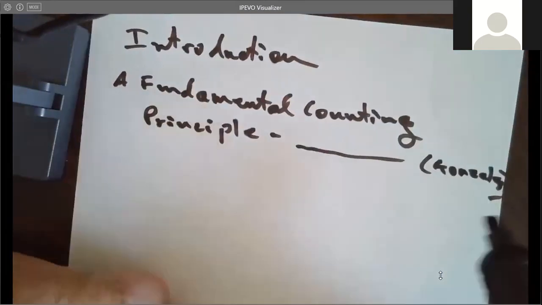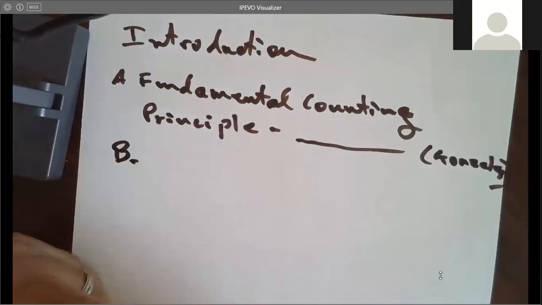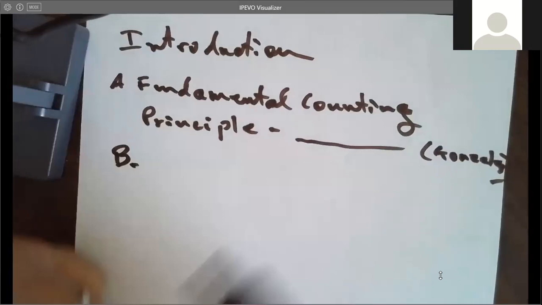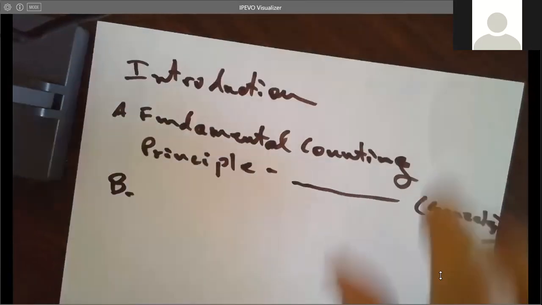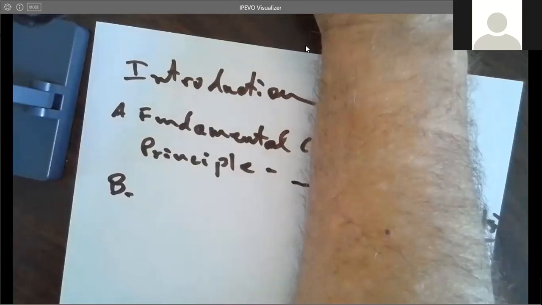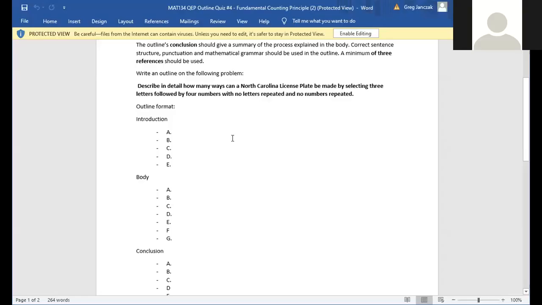And then B, you can list different things. In the essay, it says here, describe in detail how many ways a North Carolina license plate can be selected, 3 letters followed by 4 numbers with no letters repeated and no numbers repeated.